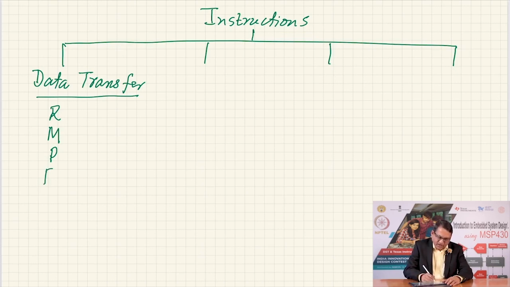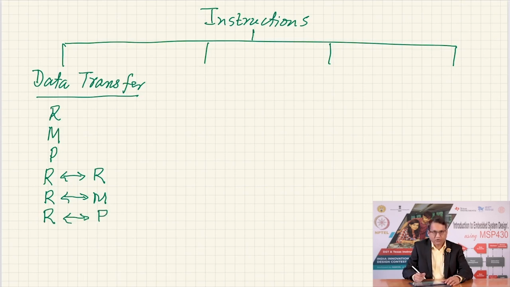So instructions that move data between two registers would be available. Instructions that move data between registers and a memory location would also be available. Instructions that move data between register and port would also be available. And if we look at other combinations, you may expect that instructions to move data between memory location and a port may also be available.